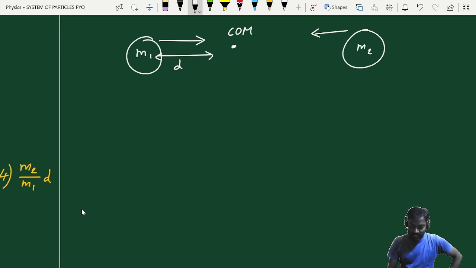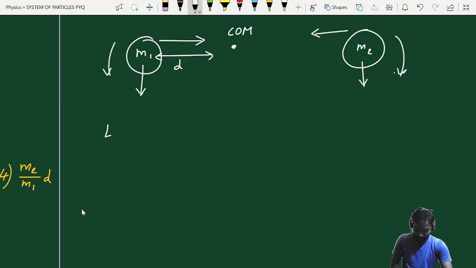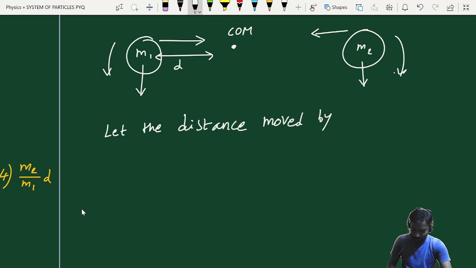In this case also we use the logic that the algebraic sum of the moments of masses about the center of mass is 0, or you can balance both of them. Here m1 provides an anti-clockwise moment, m2 provides a clockwise moment. So let the distance moved by m2 be x.